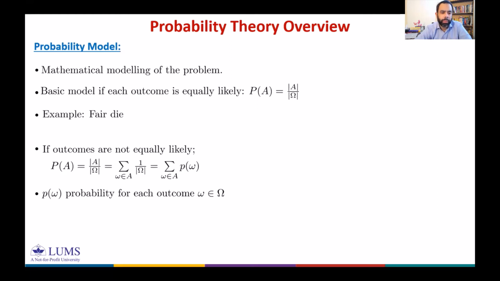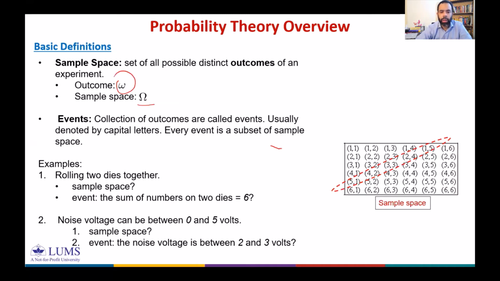For example, if you have a fair die, and you want to talk about the event when the sum of two numbers is equal to 6, and if you go back, how many outcomes are there? 5 1, 4 2, 3 3, 2 4, 1 5.